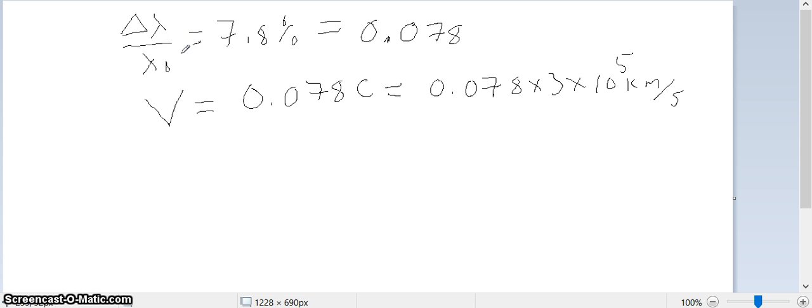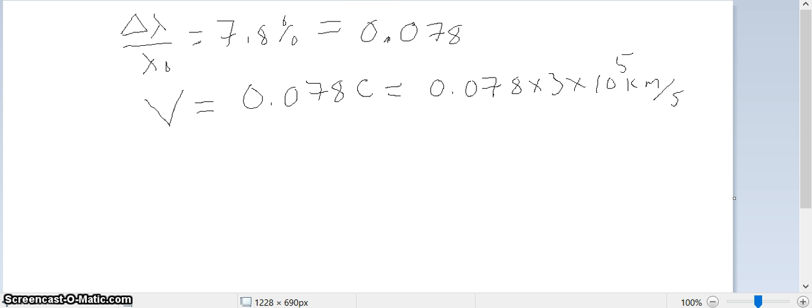Anyhow, you're given delta lambda over lambda naught usually as a percentage, and what they gave us in the problem for problem number 4 is just the number. So all I've done is change 7.8 percent into an actual number, 0.078, and then this is what the problem is about.